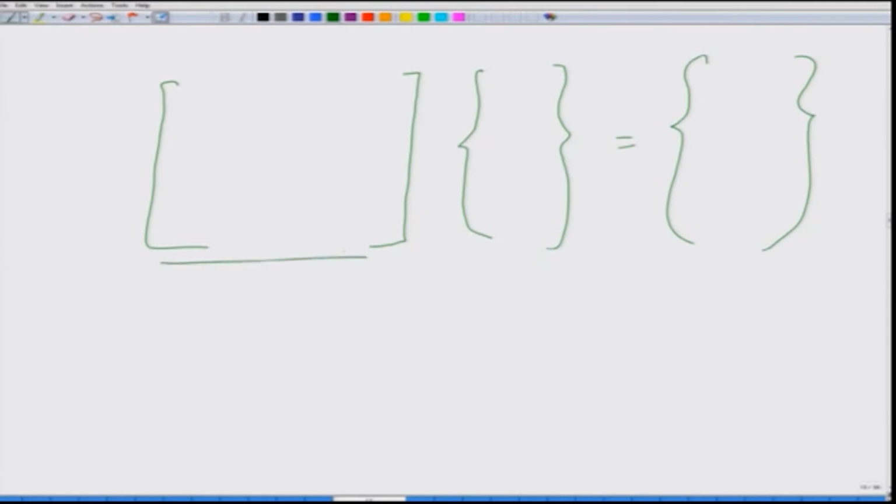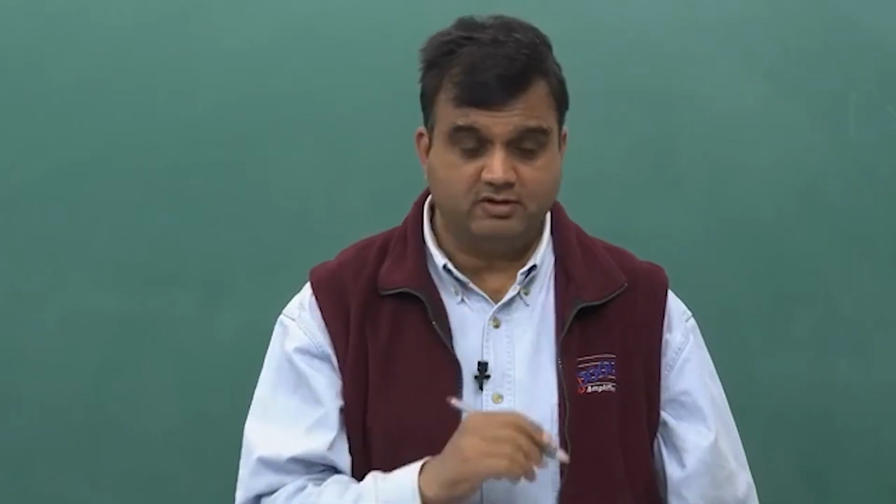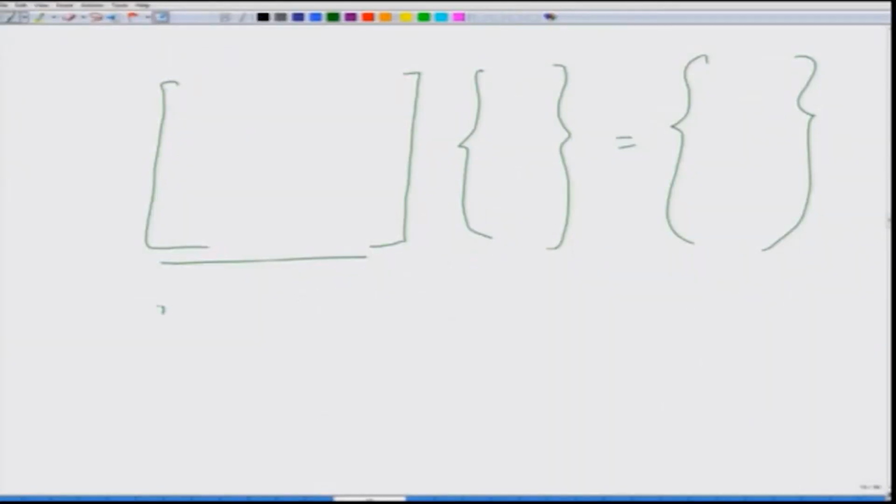What will be the size of this matrix? No, not capital N. N is the number of elements. This will be the total number of nodes. If all the elements were linear, how many nodes would there be? Not 2n. Suppose this is the nth element, first element, second element, third element, like this.